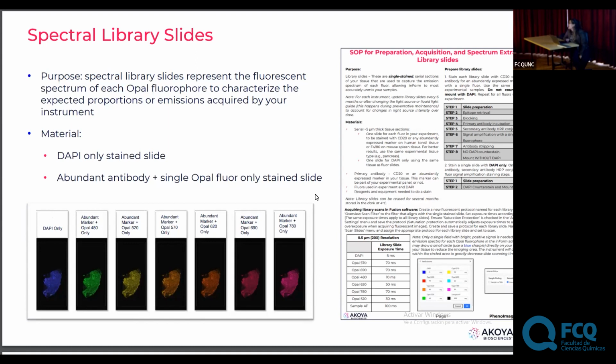El secundario es el mismo, pero precipita después el color. Opal, que es distinto. O sea, necesitas todos los opal. Con el B220 precipita un color.